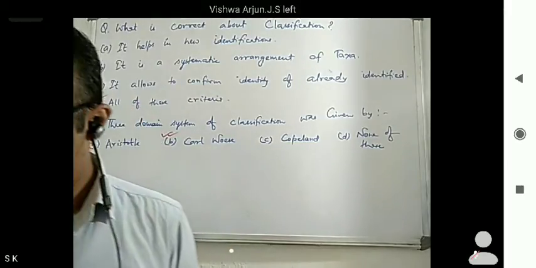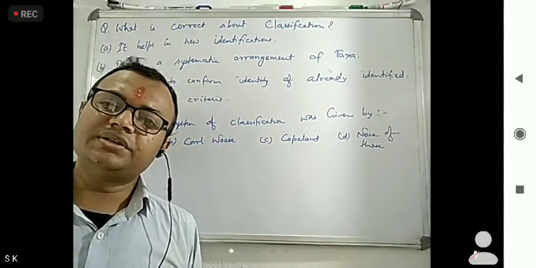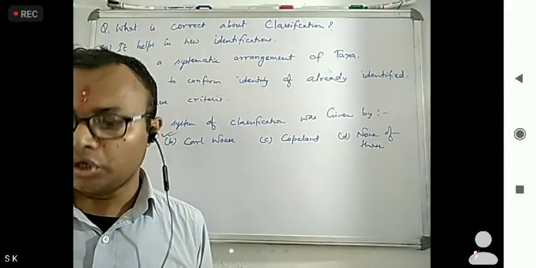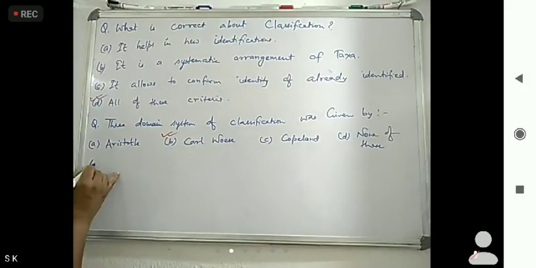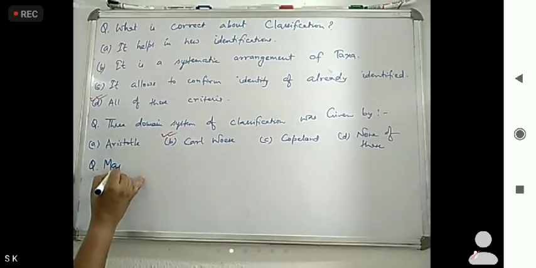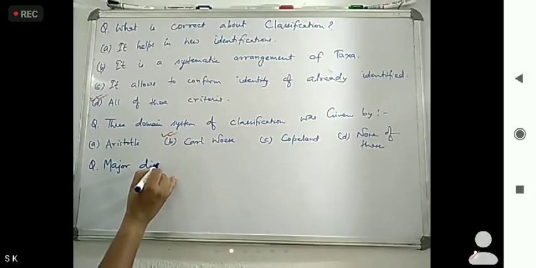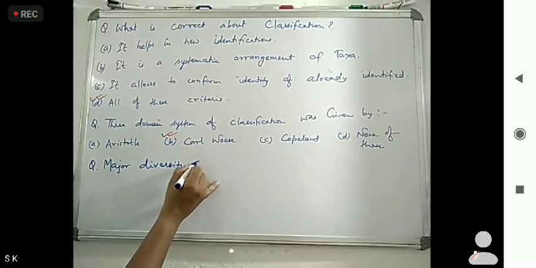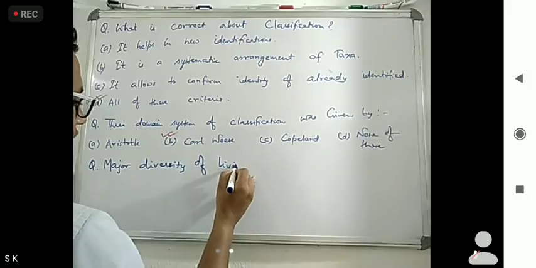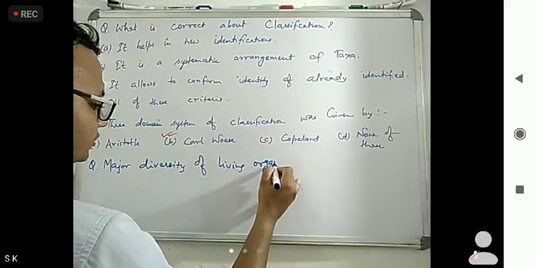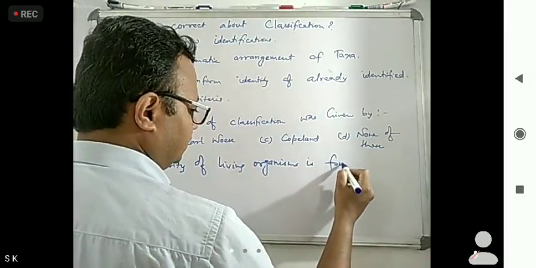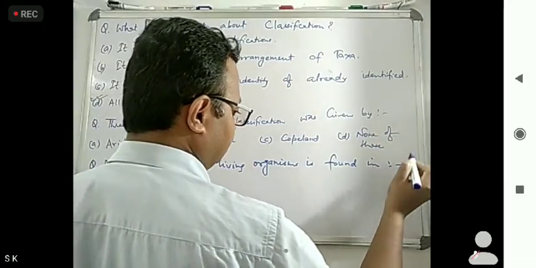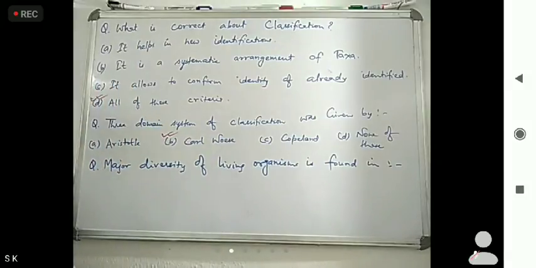Okay. Now next question is, major diversity of living organisms is found in. Where are major diversity of living organisms found?